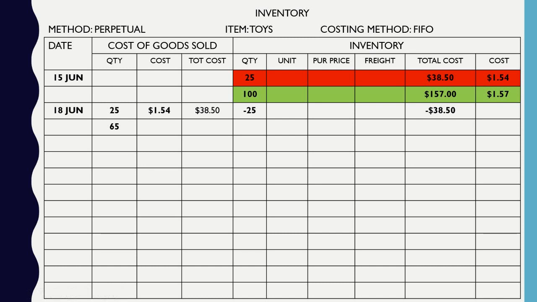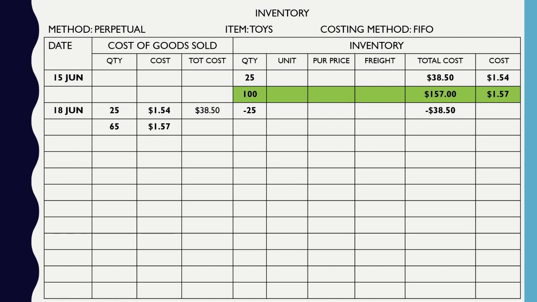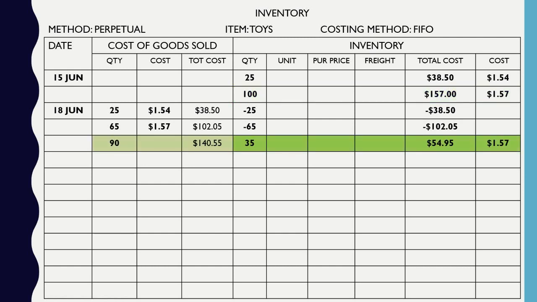I only have my green batch, which I need to take out 65 units from, at $1.57. Calculating that gives $102.05, so I subtract that out from my green. Now I have a remainder of green with 35 units and only one batch of inventory left. The grand total for selling 90 units is $140.55. Okay?